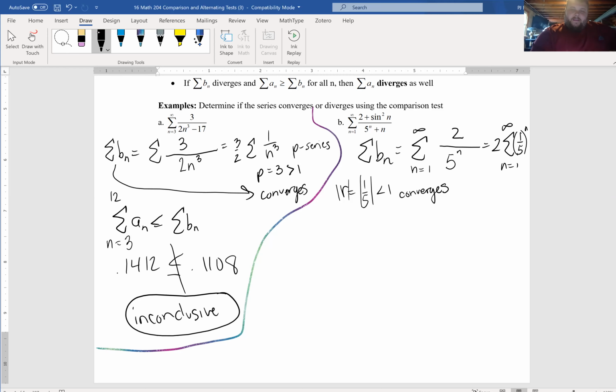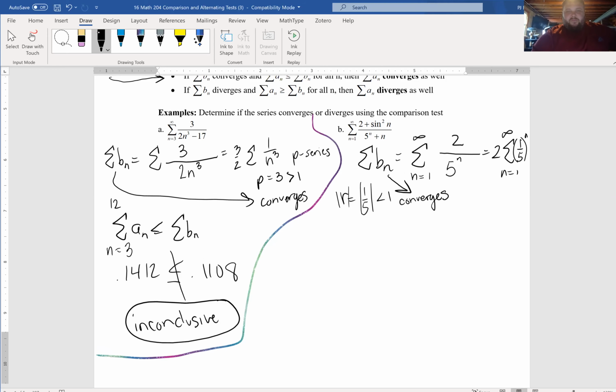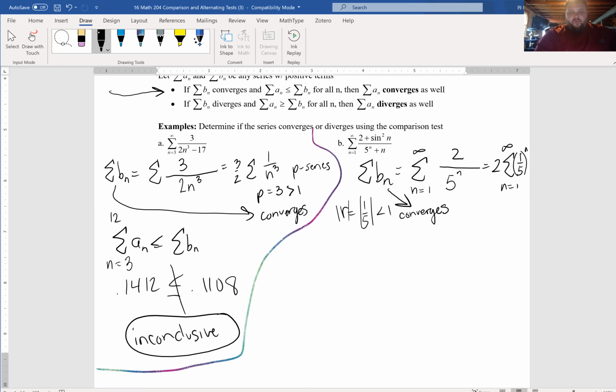All right, so we've got B sub n being convergent, which means, again, we're looking at the first bullet point, which means we need to prove the sum of A sub n is less than or equal to the sum of B sub n. So again, you could plug in the numbers in your calculator. That's probably the most accurate way to do this. Let's at least just discuss the other two types.